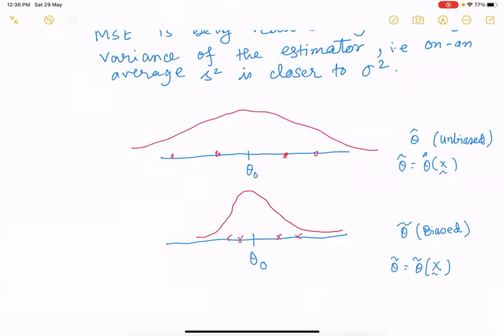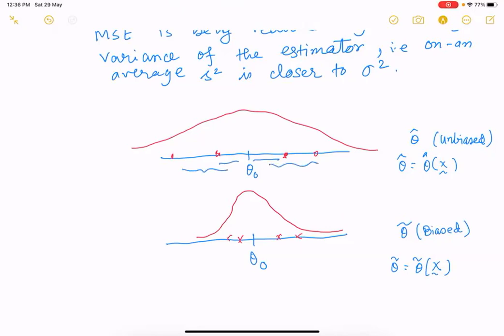I really don't know which one is biased or unbiased. Even if I get an unbiased estimator, still I will incur a certain degree of loss. Some error will be there.